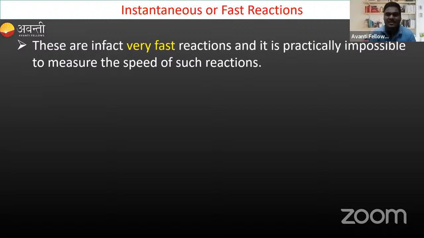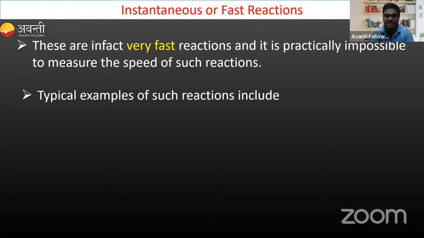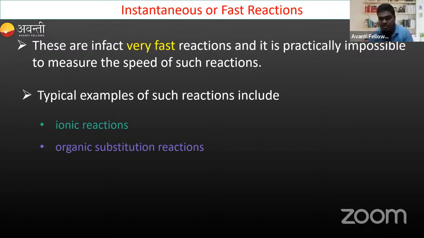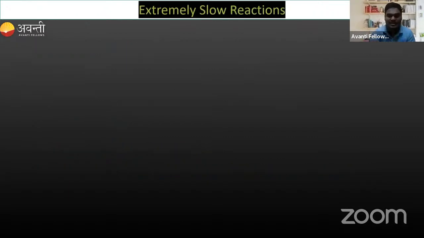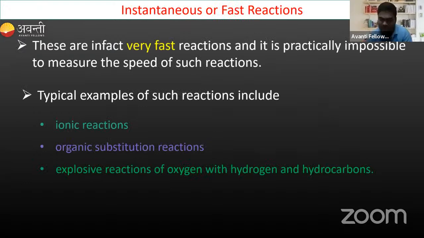These are very fast reactions, and it is practically impossible to measure the speed of such reactions. Typical examples include ionic reactions, organic substitution reactions, and explosive reactions of oxygen with hydrogen and hydrocarbons.